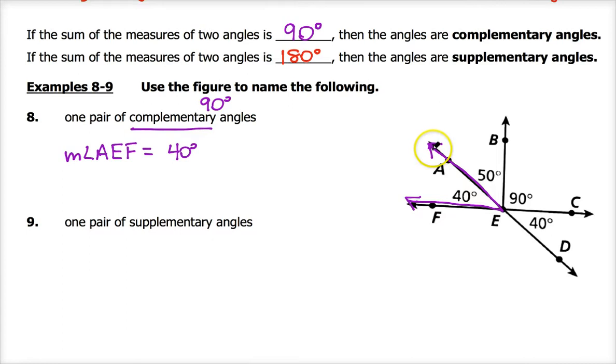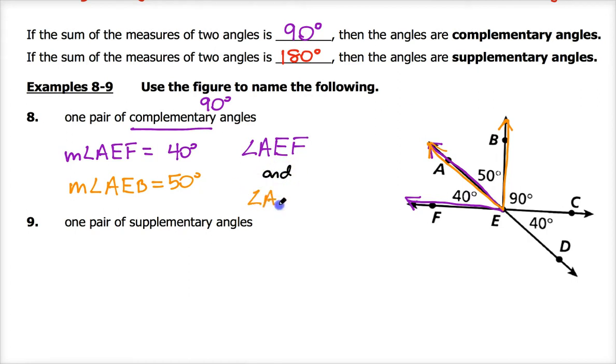So another option is angle AEB. This angle AEB measures 50 degrees. So that means that these two angles, angle AEF and angle AEB, are what are called complementary. They're complementary because the measures of their degrees add up to 90.